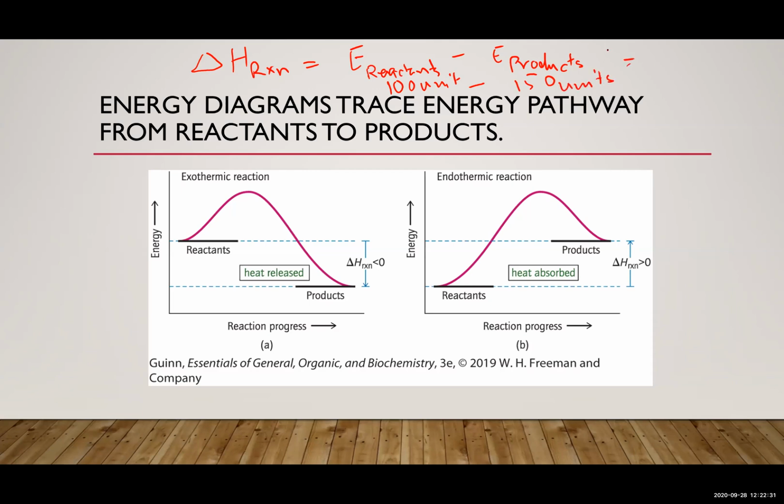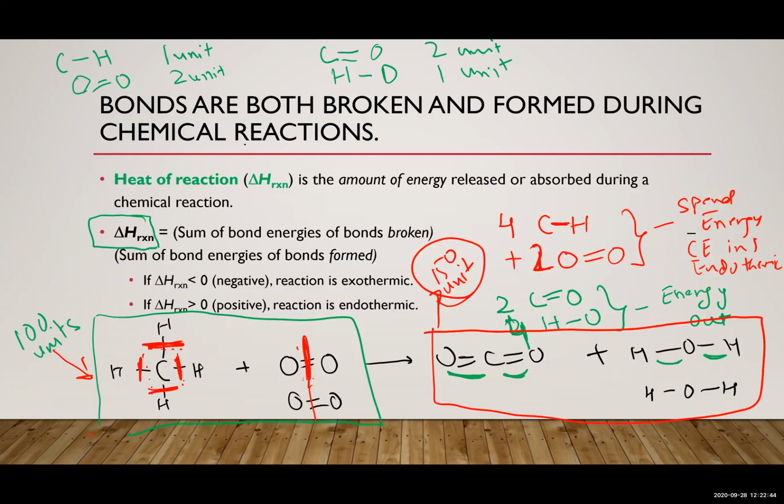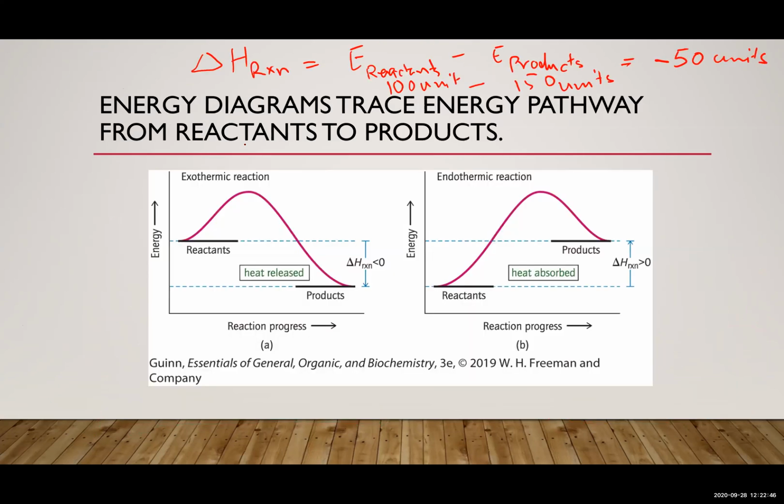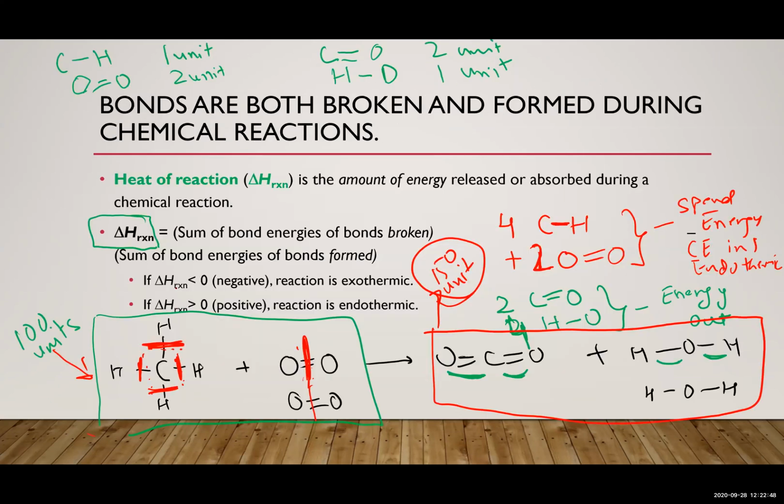So what is delta H reaction for the previous example? 100 minus 150, the answer will be negative 50 units. And we said it's an exothermic reaction, right? Because more energy was coming out. So delta H reaction will be negative, the reaction will be exothermic. If it's positive, the reaction will be endothermic.